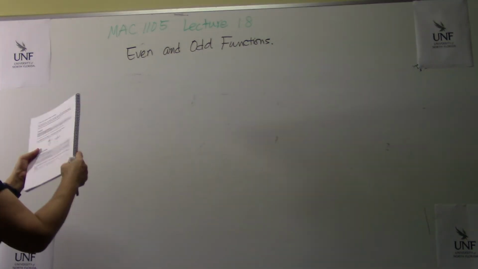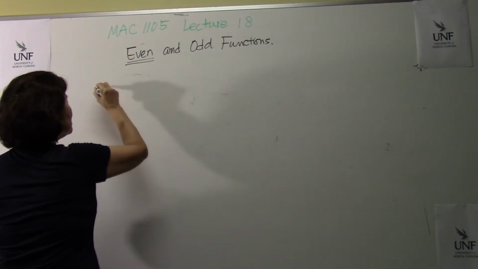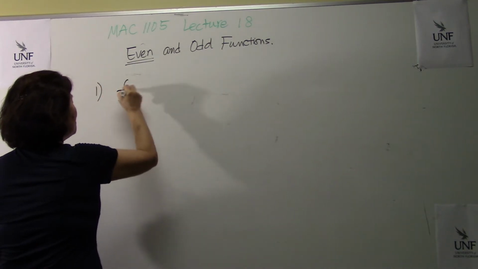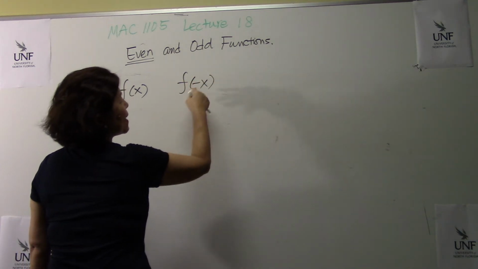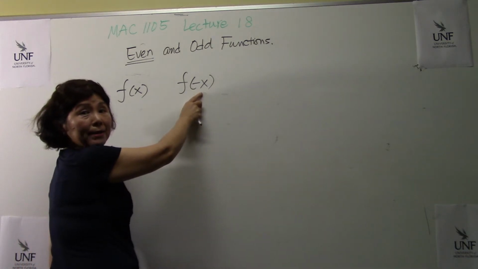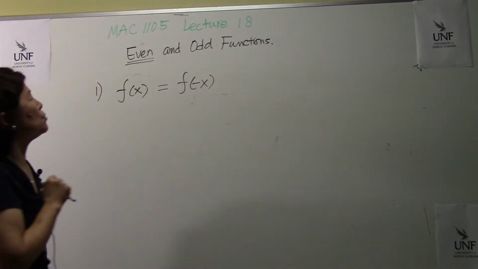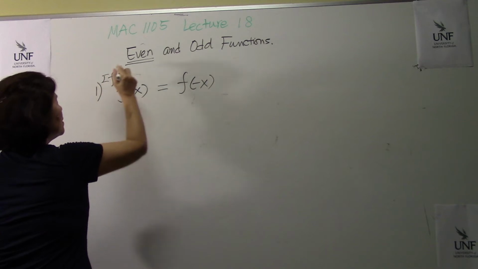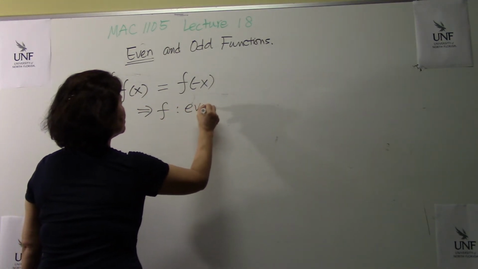See, an even function, it sounds a little bit strange, but this way: an even function means f of x and f of negative x, where x is replaced by negative x, are the same. If this is true, then we call this function f an even function.